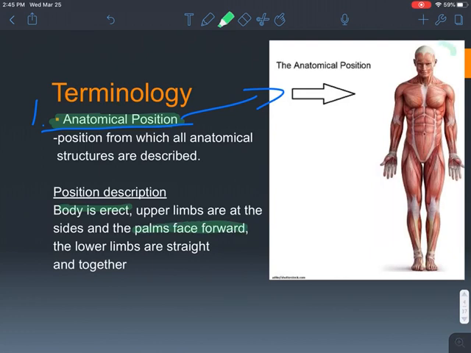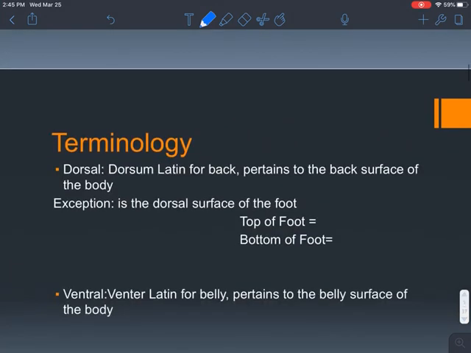You can see the palms facing forward. That's important. All terms are described from here. If it changed, people wouldn't be on the same page and would be confused. We'll get to it.